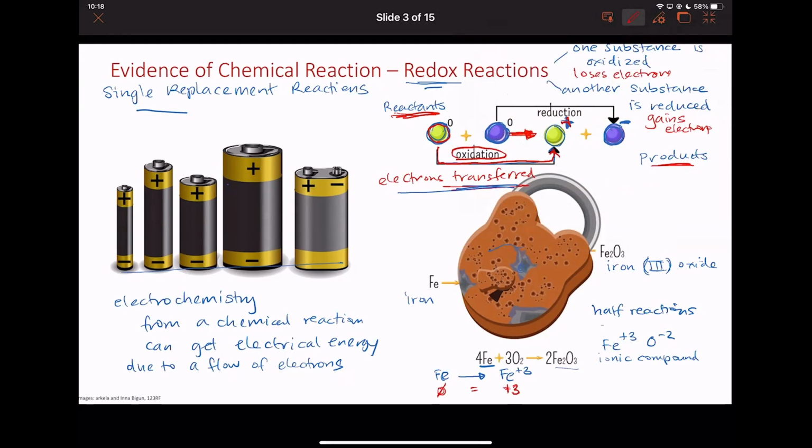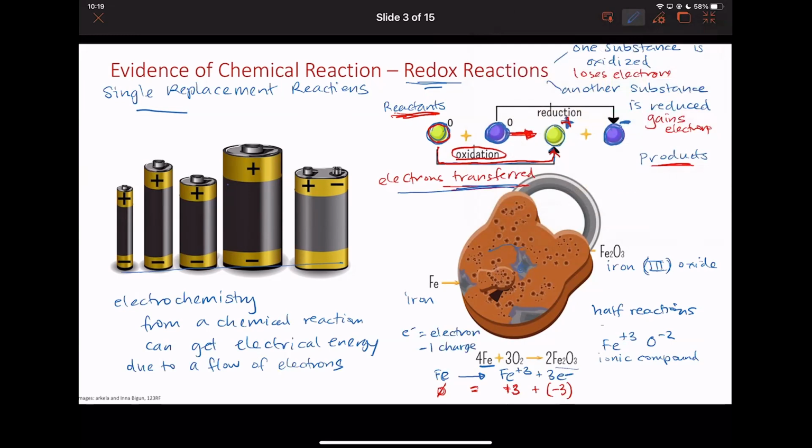The way to make this equal is to add -3. +3 -3 will then be equal to 0. So adding -3 really means that there are 3 electrons that are lost. E-, remember, is the symbol I use for 1 electron, and it has a -1 charge.